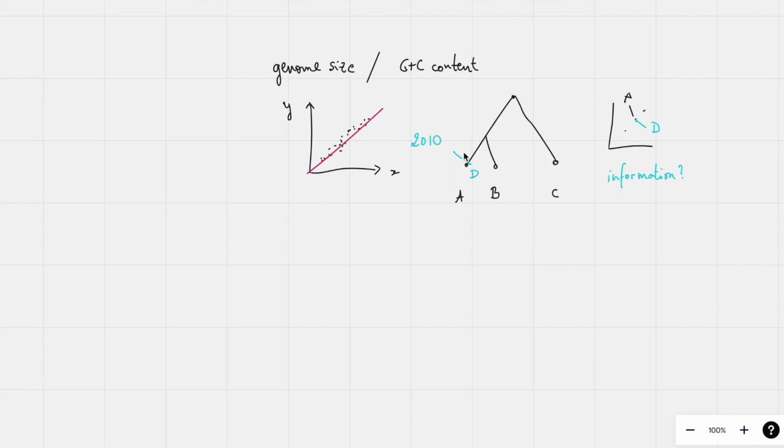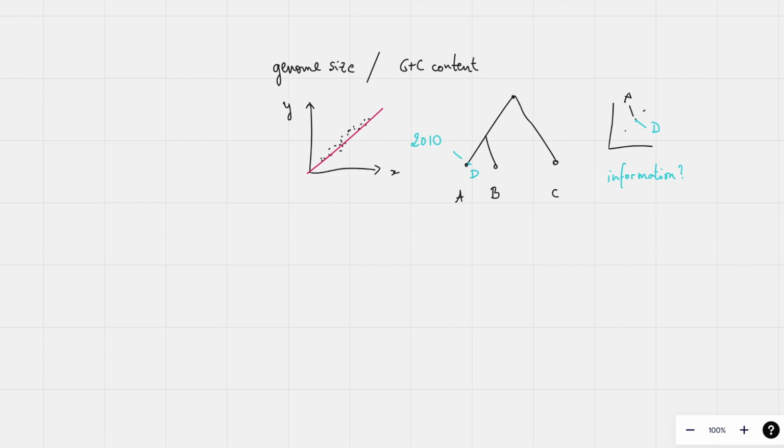In other words, we do not believe that just a couple of years is enough to have any significant change, neither in genome size nor in GC content. So in reality, we have 4 points here, but the argument would be that it counts as only 3. So we see that if the split between A and D is extremely recent, there are many reasons to believe that we have the same amount of information as if we had only one species.